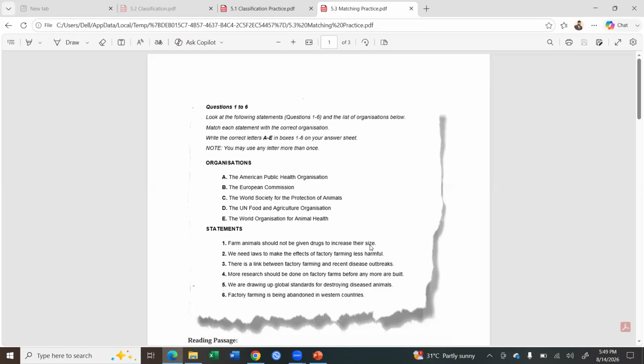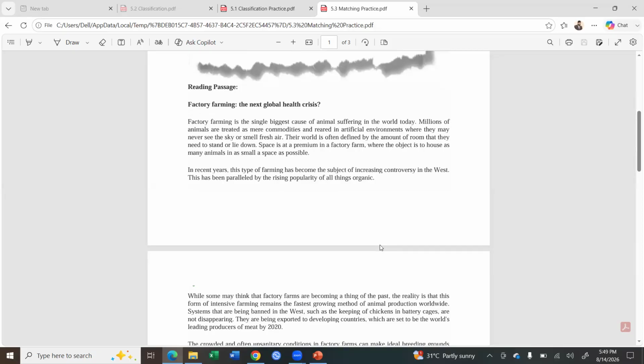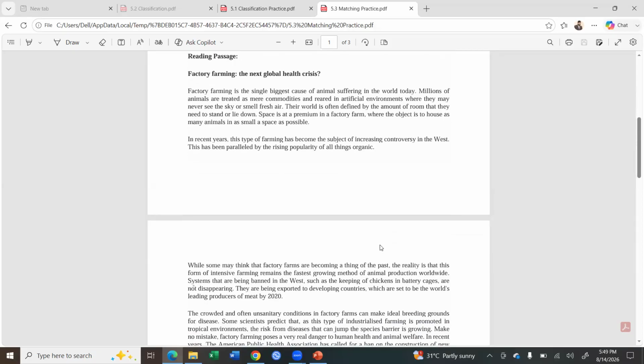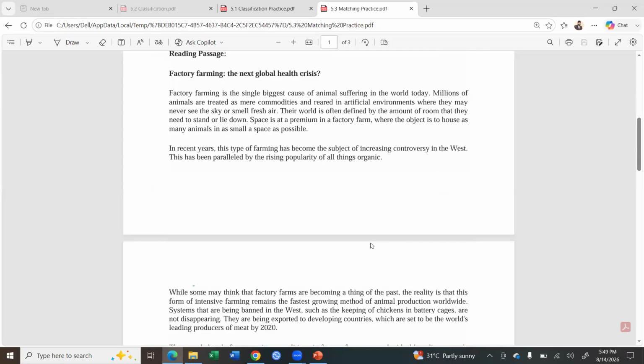So we need to scan and skim through the passage and see which of these 5 organizations actually has this idea or opinion that farm animals should not be given drugs to increase their size, okay? So now you should scan and skim, read and see.